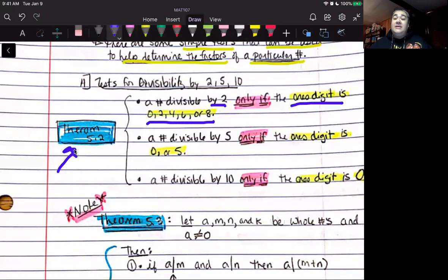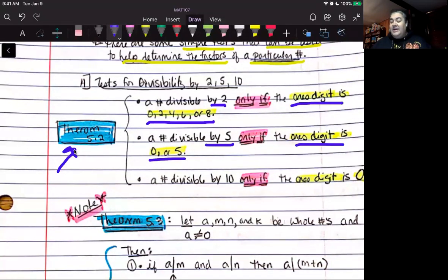Basically, any number whose ones digit is even, and therefore the number is even, will be divisible by 2. A number will be divisible by 5 if and only if the ones digit is 0 or 5. So if a number ends with a 0 or a 5, you know it will be divisible by 5.